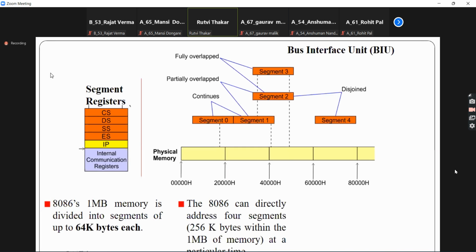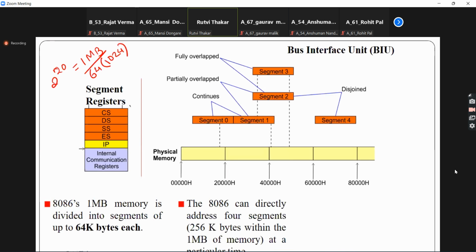What I have to do: calculate 2 raised to 20. It will give you the answer 1 MB. Then you have to divide it by 64 KB, so we'll do 64 into 1024.